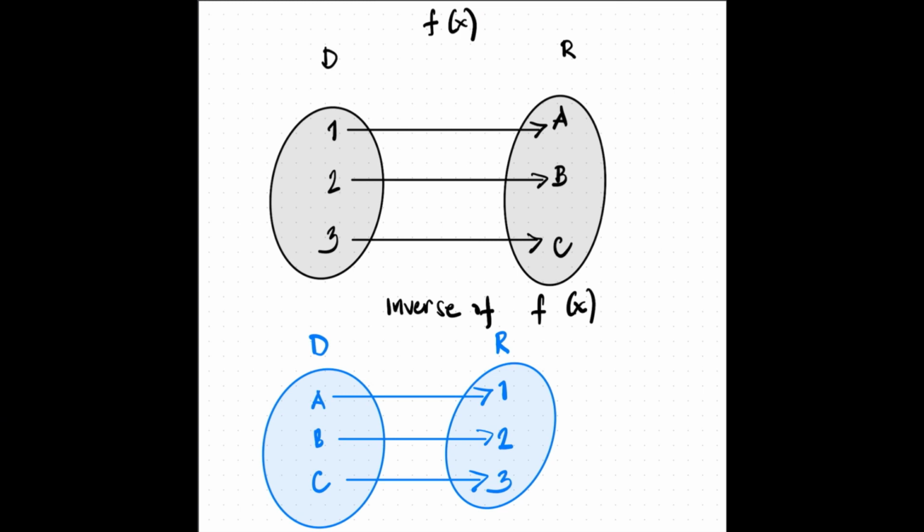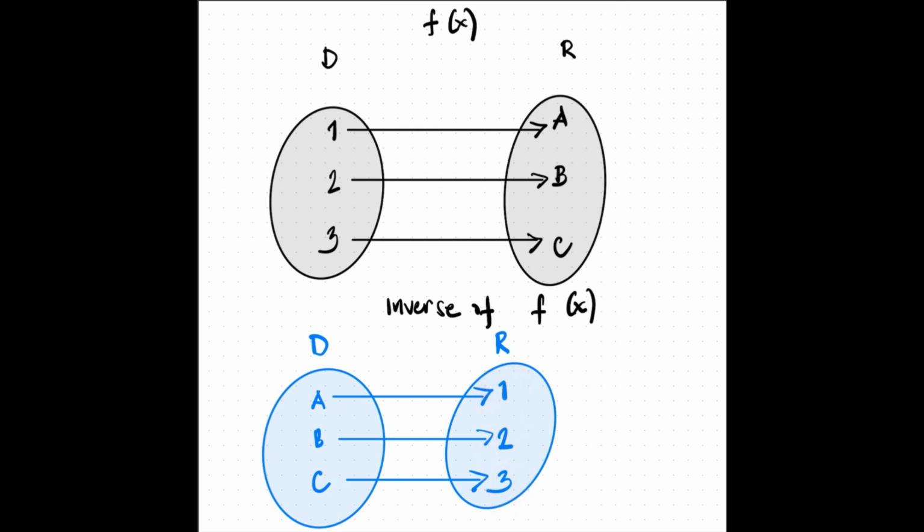For example, given a function whose domain are 1, 2, and 3 and whose range are A, B, and C. This function is a one-to-one function because every domain corresponds to its corresponding range. Now, let's determine the inverse of f of x. The inverse of f of x is equal now to A, B, and C as its domain, and the range are 1, 2, and 3.